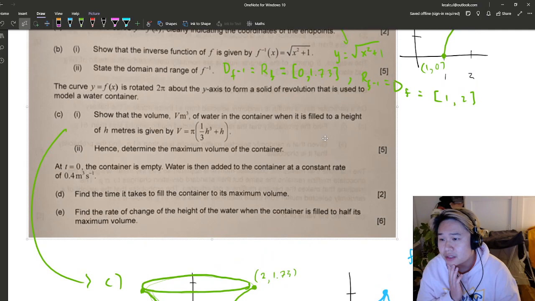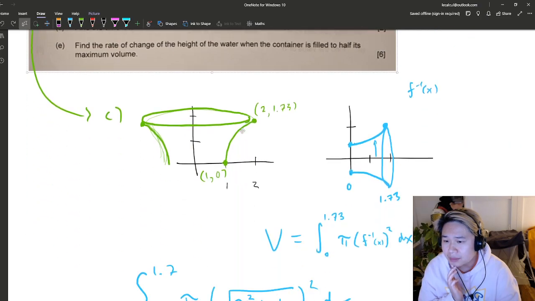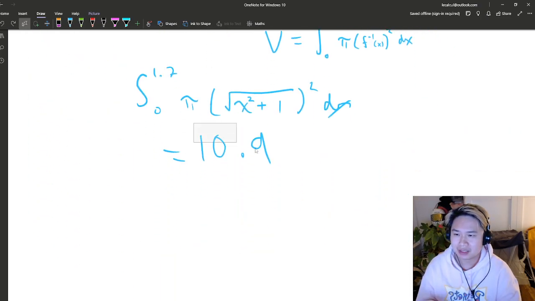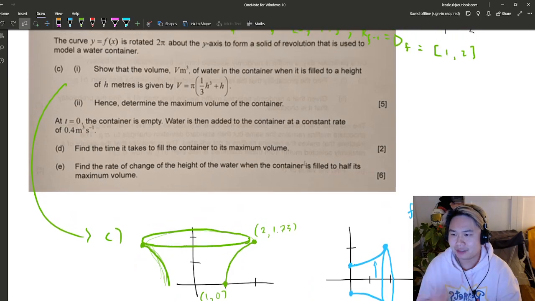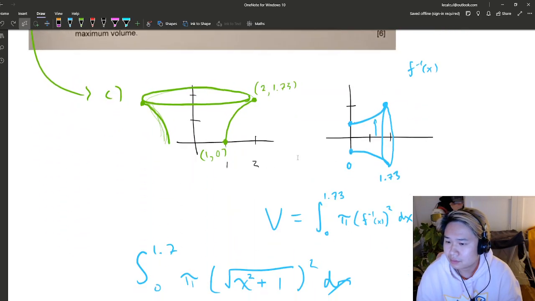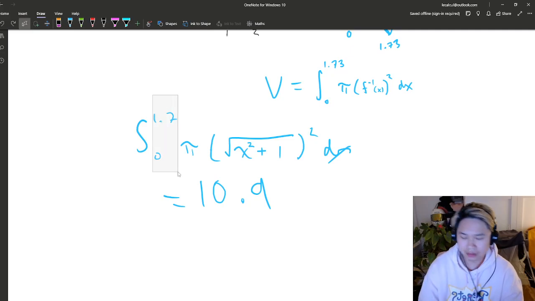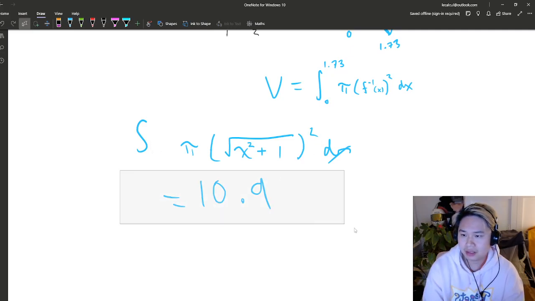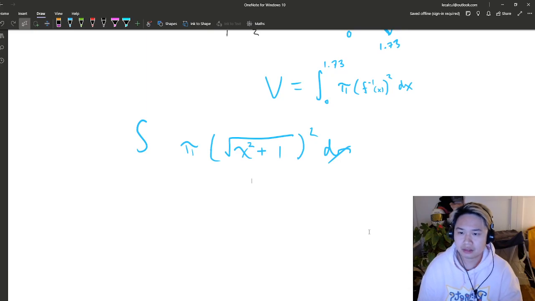Oh wait, hold on. I messed this up somewhere because I'm not supposed to get an actual answer. I'm supposed to get a function. Oh, okay. Well, I guess we're just going to do the indefinite integral.